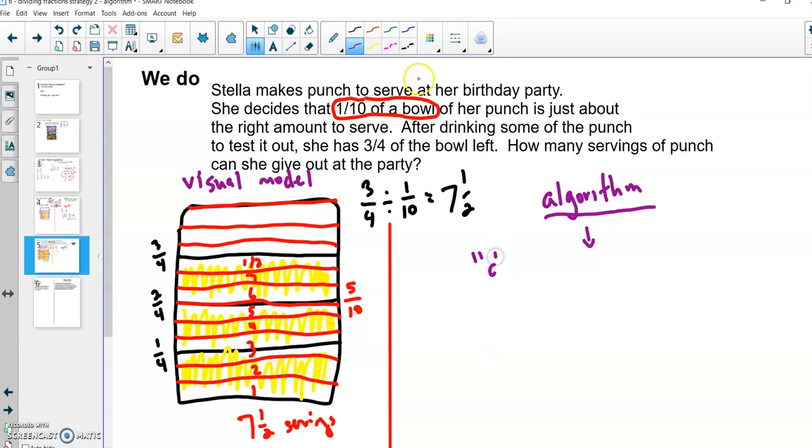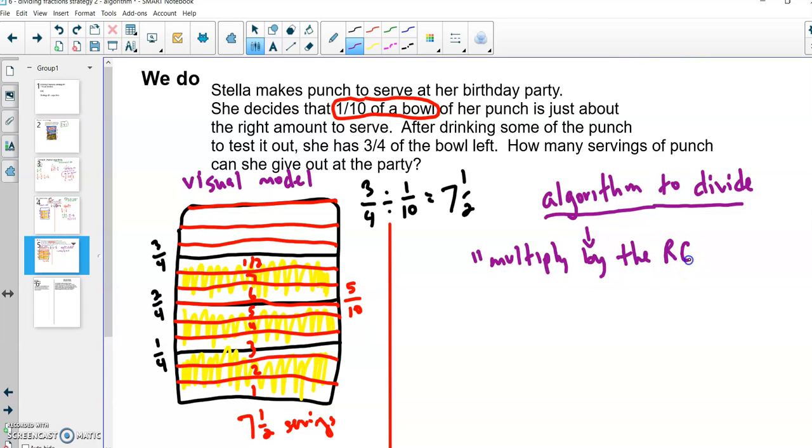So the algorithm to divide fractions is multiply by the reciprocal of the second fraction. That's all there is to it. Multiply by the reciprocal of the second fraction.